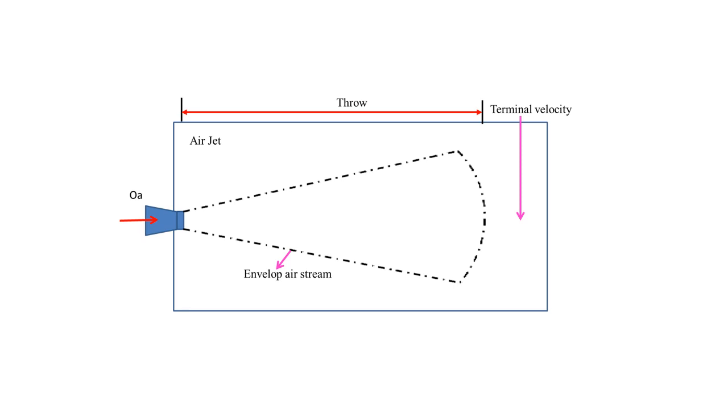And at the end of the throw, where the velocity does not change anymore, we call it terminal velocity. And the envelope of the airstream is shown on the dotted lines here. This is the envelope of the airstream.